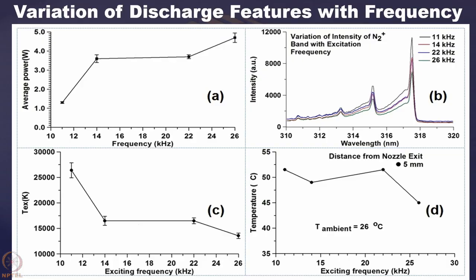Now what I am showing here is the variation of discharge features as a function of frequency. Here we are showing the average power dissipated as we change the frequency. You see that it is increasing, then remaining stable for quite some range, and then again increasing.